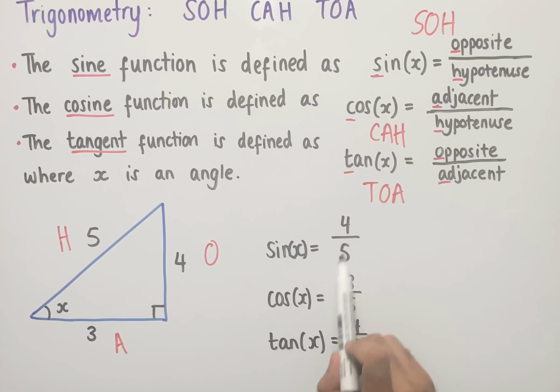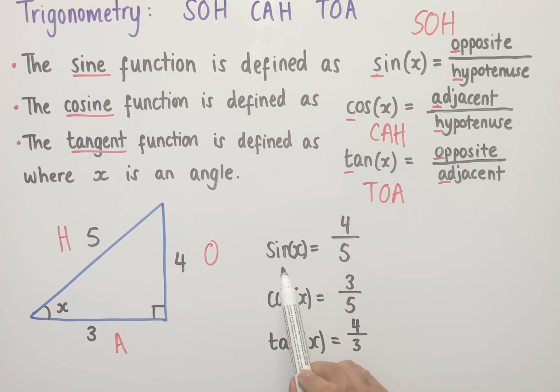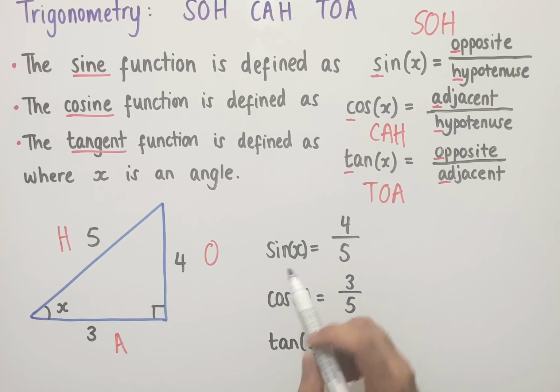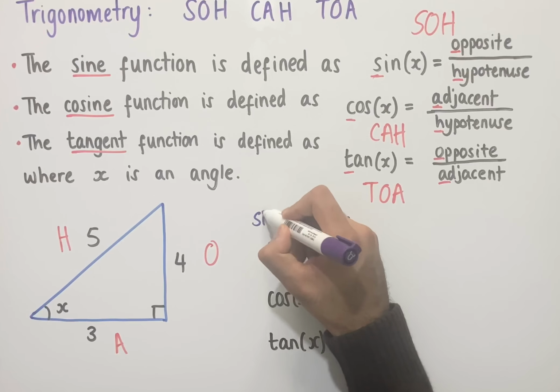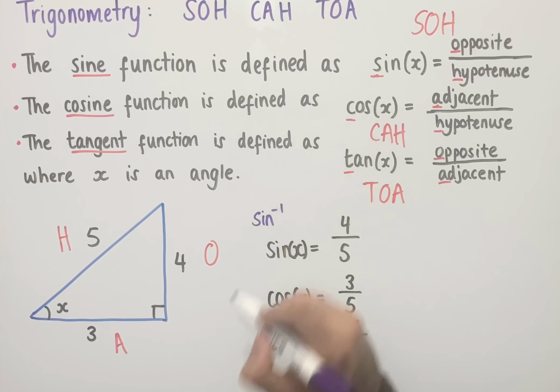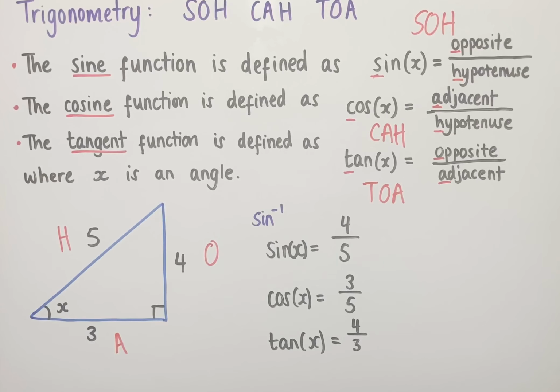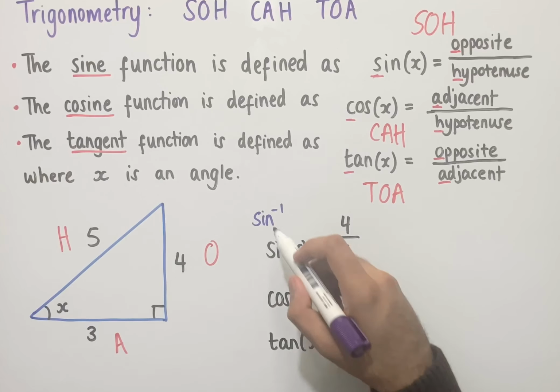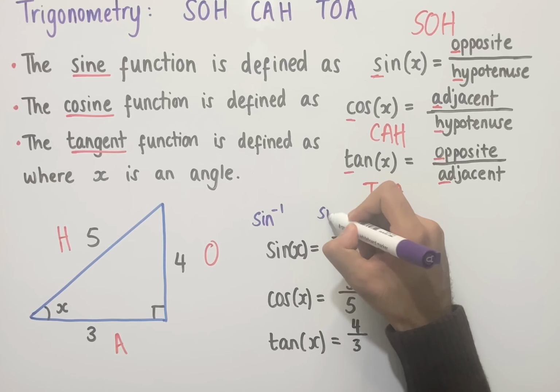To solve this first equation, we need to get rid of the sine so that we are left with x on its own. In this case, the inverse of sine is called sine inverse, which we can get on a calculator by typing shift and then sine. And so we apply sine inverse to both sides.